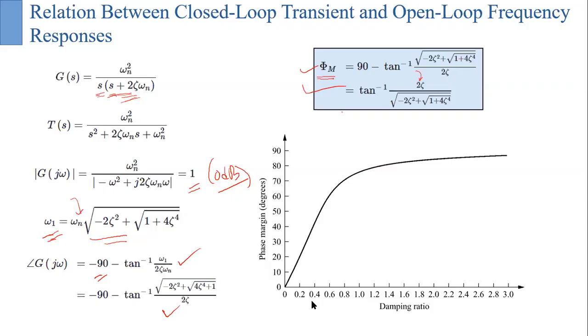If you plot these two, we find a curve like this, which depicts the relationship of your phase margin with respect to your damping ratio.